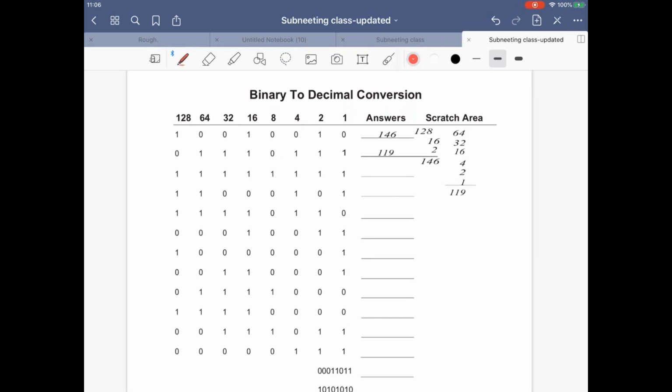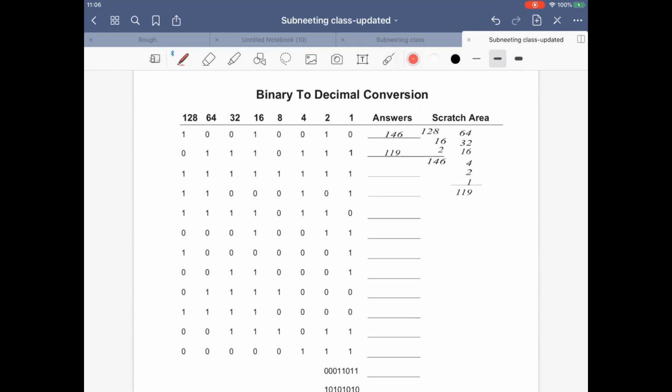If you see the first line, on top of that you have to write 128, 64, 32, 16, 8, 4, 2, 1, right? And what is it?